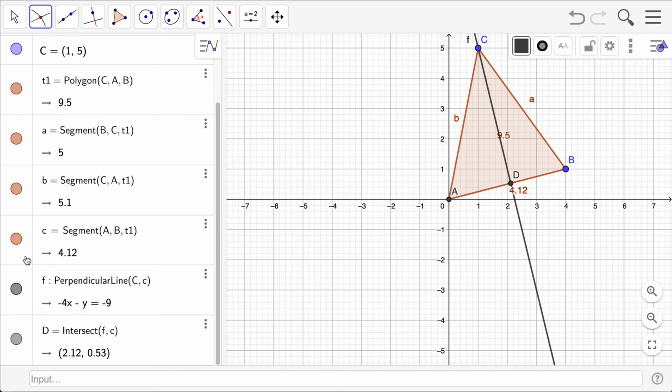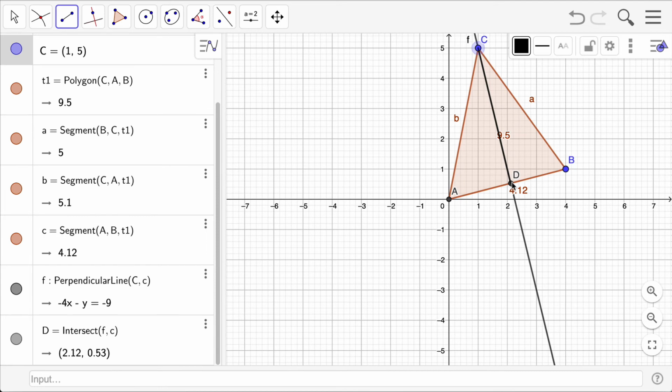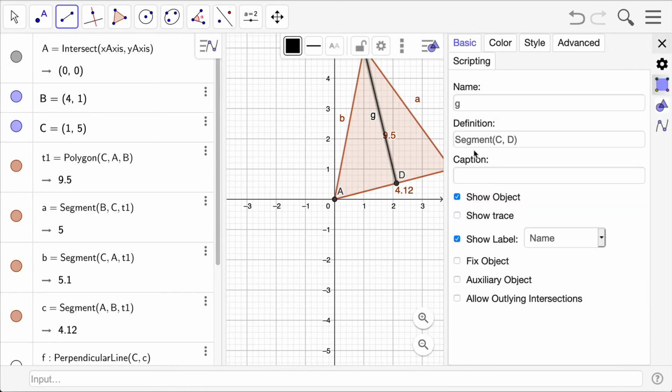Let me hide that line here. Okay. And let me just put in a segment. And let's get that value shown on the diagram.